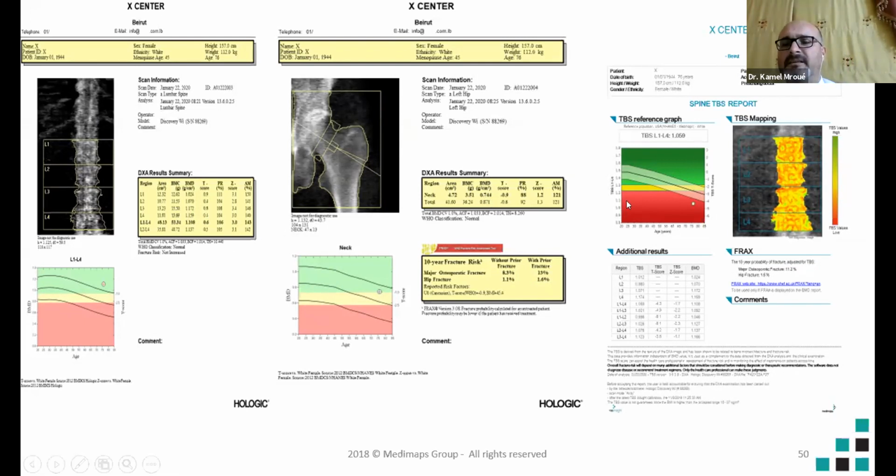Since she has bad bone quality, her TBS was 1.059. Her FRAX corrected for TBS went up to 12%. This way, her physician will probably change the management plan for this patient.